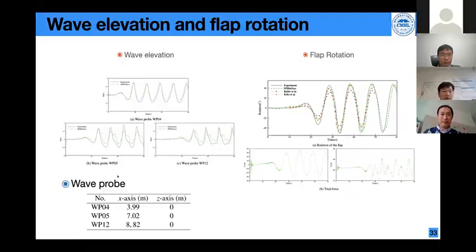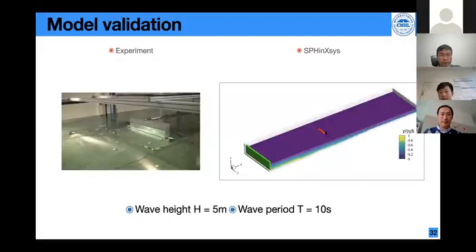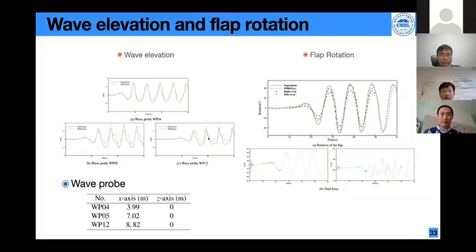Well, for wave gauge number 5 and number 12, there is some small discrepancy, which is due to the fact that when the fluid interacts with the flap, there is obvious leaking. Therefore, there is some difference between the numerical results and the experimental data. Also, we compare the time history of the rotation motion of the flap.